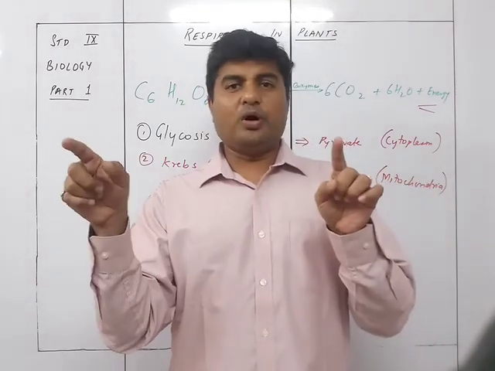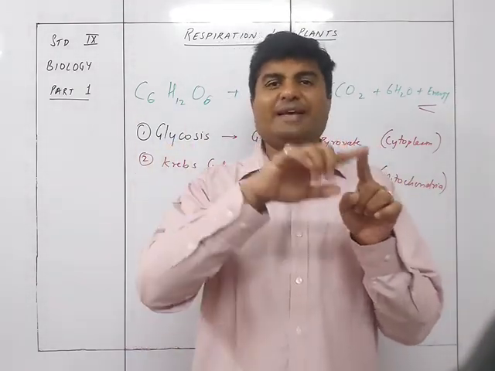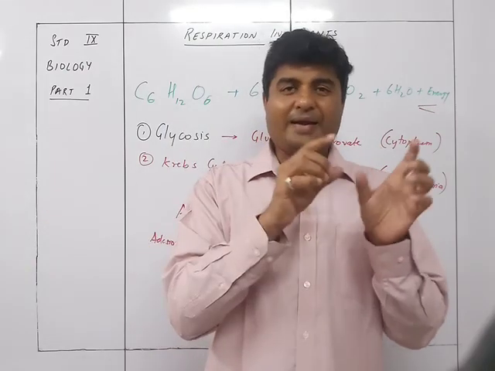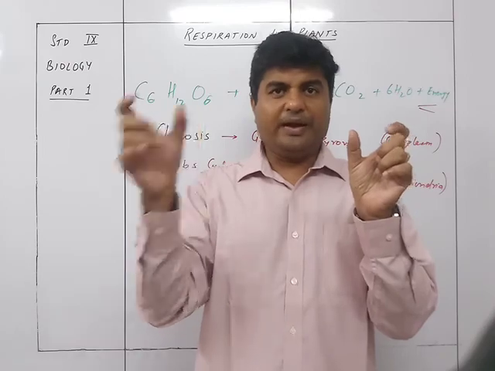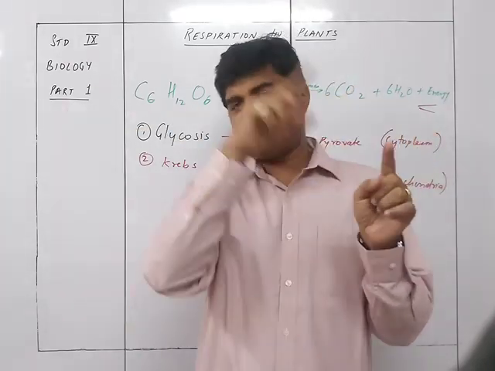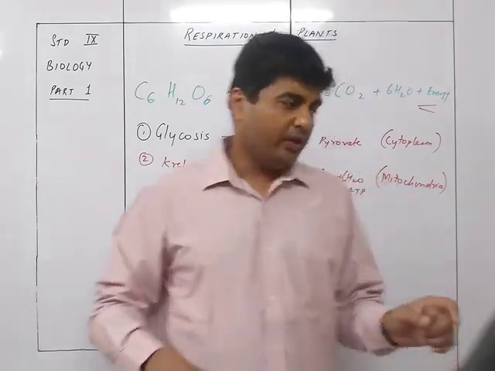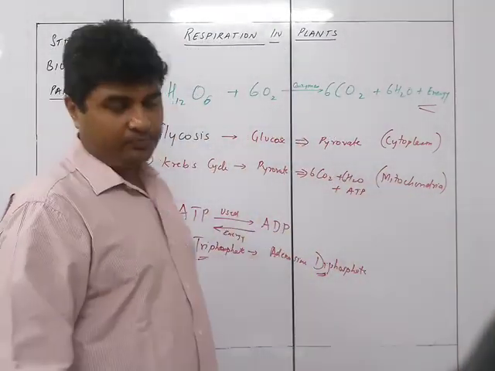When does ATP become ADP? When energy is used. Okay, that is almost like discharging a battery. The fully charged battery is ATP, when drained it becomes ADP, and when ADP is charged again it becomes ATP, then again it is discharged and used. So there is a cycle of ATP to ADP, ADP to ATP. That cycle keeps on moving in the body.